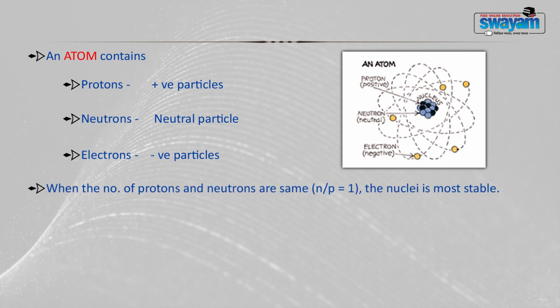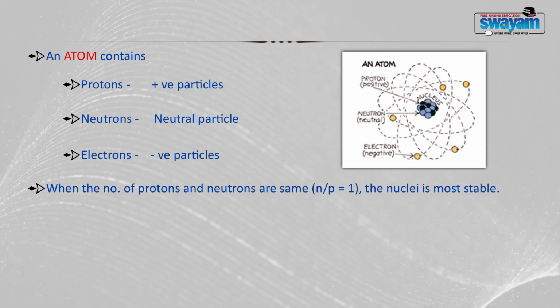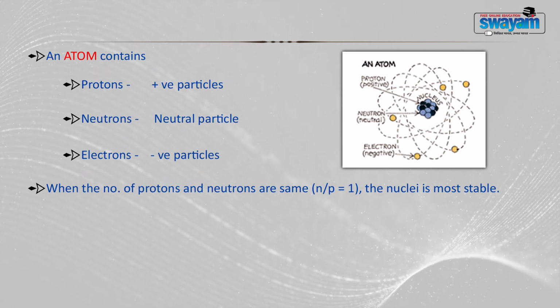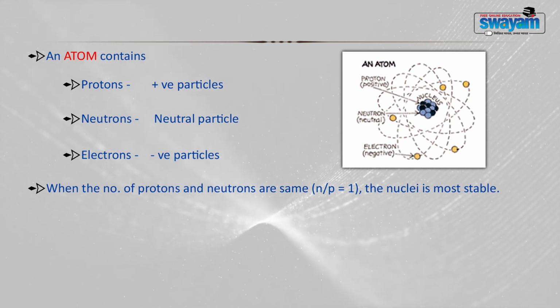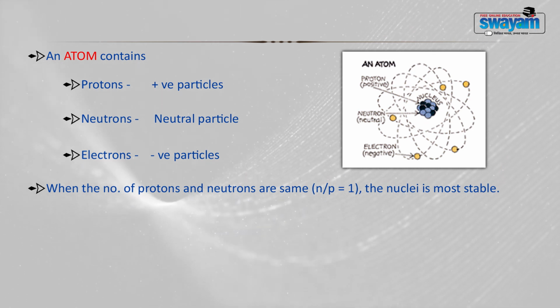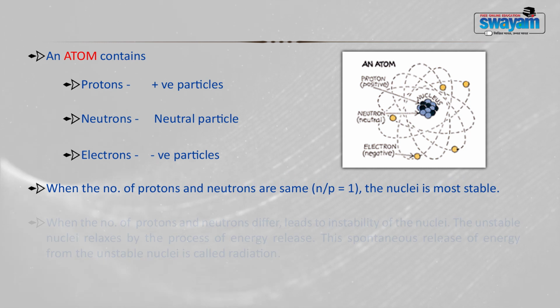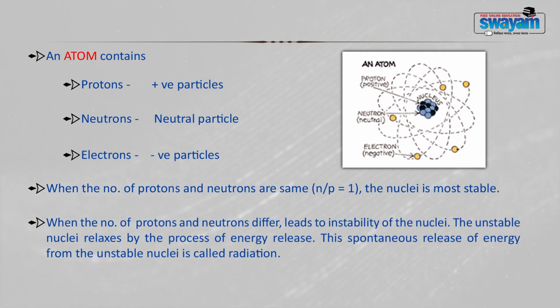When the number of protons and neutrons is the same, meaning the neutron to proton ratio is equal to 1, the nucleus of an atom is considered most stable. But when the number of protons and neutrons differ, that leads to instability of the nuclei.